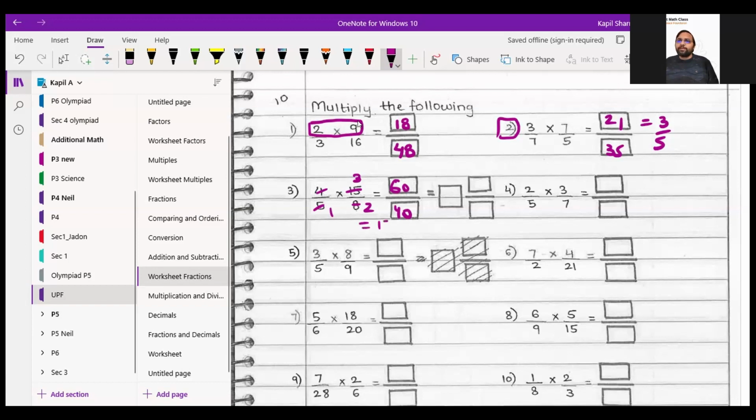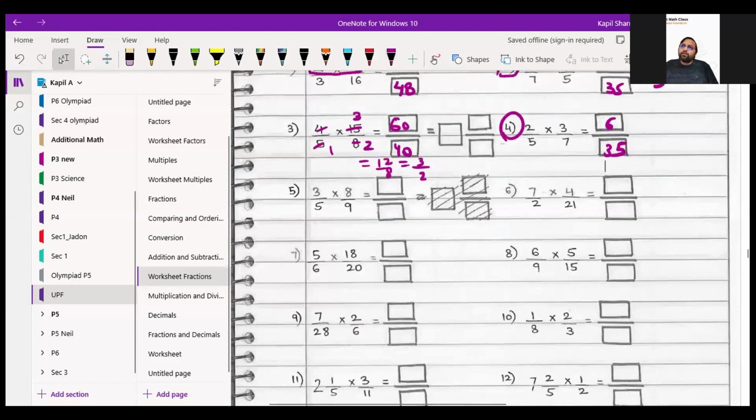So this is basically same as 12 upon 8 or 3 upon 2. Try this fourth. Yes. Okay, so 6 upon 35. This cannot be reduced. Okay, next one.